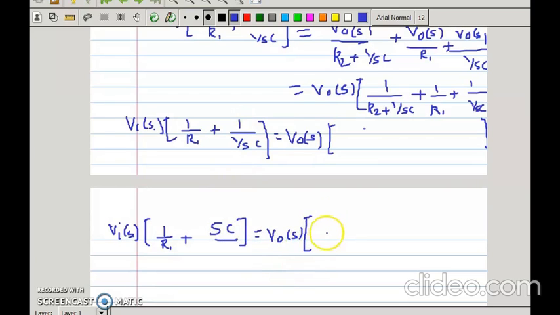Let's calculate this. Here 1/SC, so cross multiply this, it becomes 1 upon SC R2 plus 1 divided by SC, plus 1/R1 as it is. 1 upon SC becomes SC.